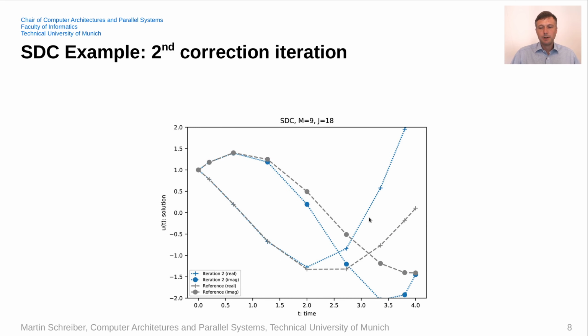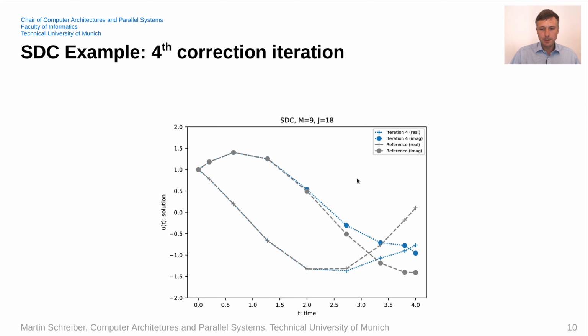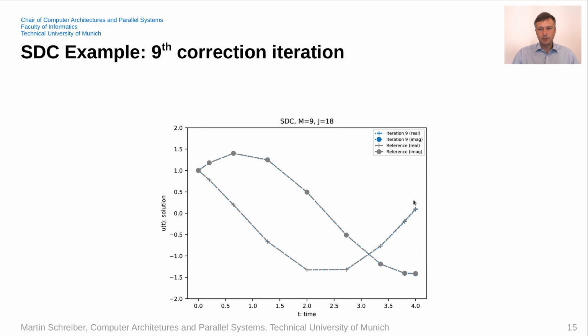After the next one we end up with this one here, and then step by step, if we do more correction iterations, we see how it more and more closely resembles the real solution, how it should be here in the end. So if we now do 7 iterations here, 8 iterations, and now 9 iterations here, it already closely matches the results.